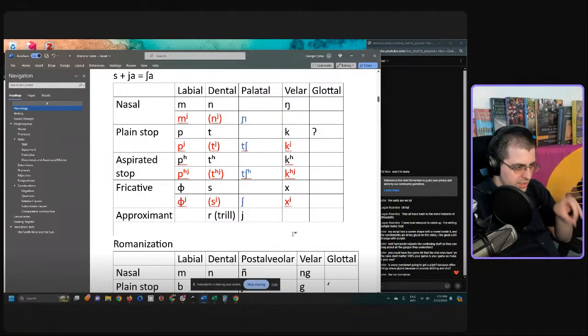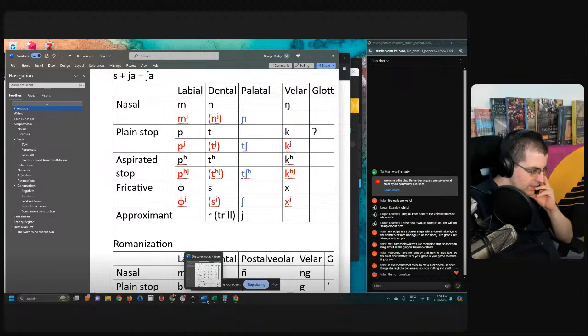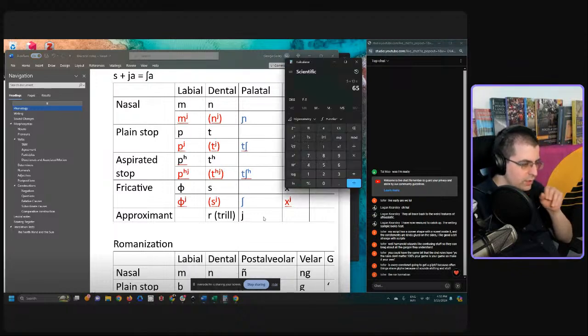So that is useful. We can eliminate those from the list. So that means there's three things that don't need a symbol. So if we go with that and go with sort of an Abugida-ish formation, then I think that means we need like 75 symbols, plus a few diacritics.